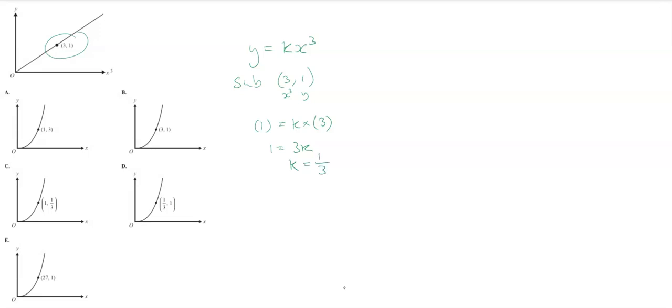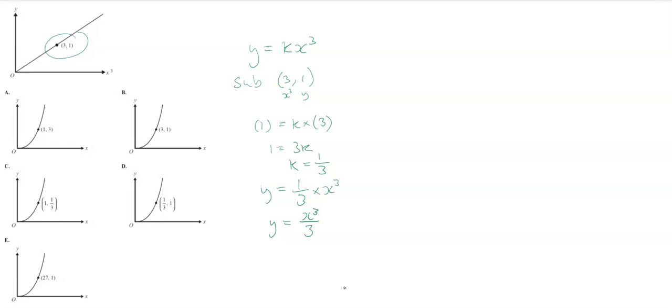So now we can write down the actual equation that represents the relationship: y equals 1/3 times x cubed, or this can be simplified to simply y equals x cubed over 3.